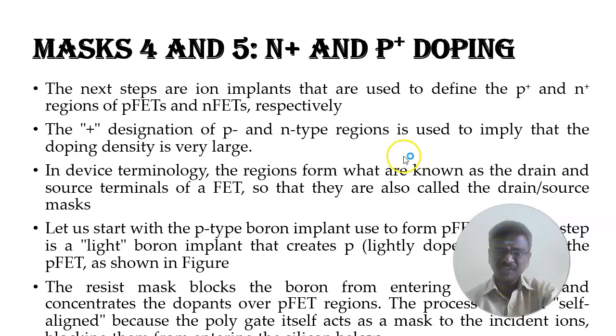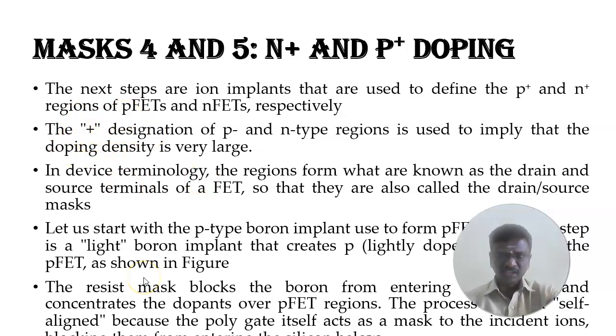So for PFETs we create the P plus regions, and for NFETs we create the N plus regions. The plus designation of P and N type regions is used to imply that the doping density is very large.